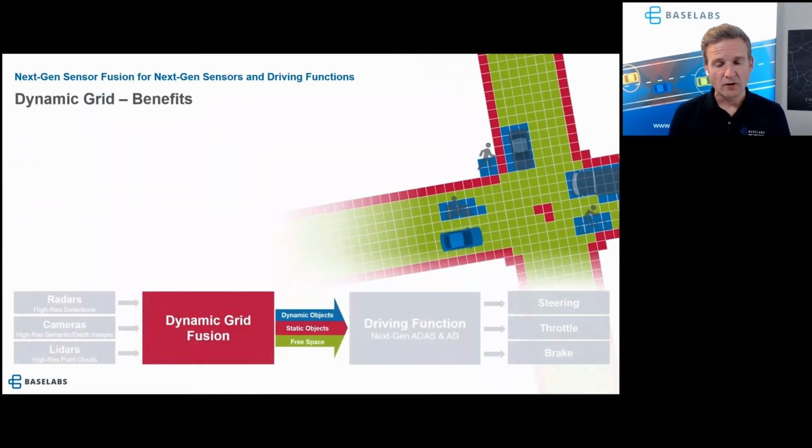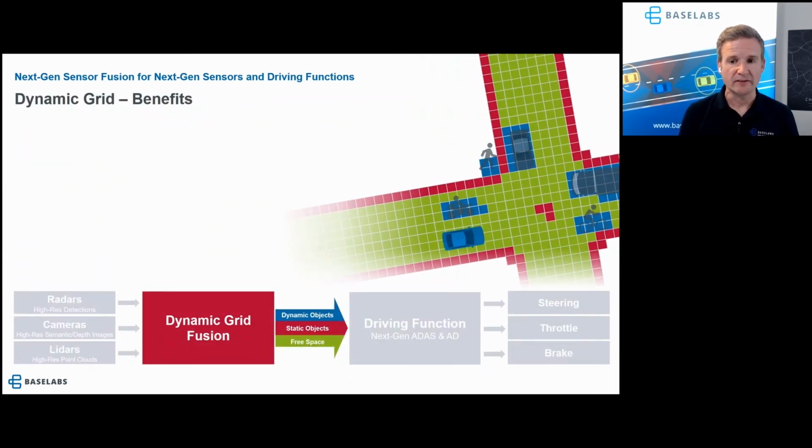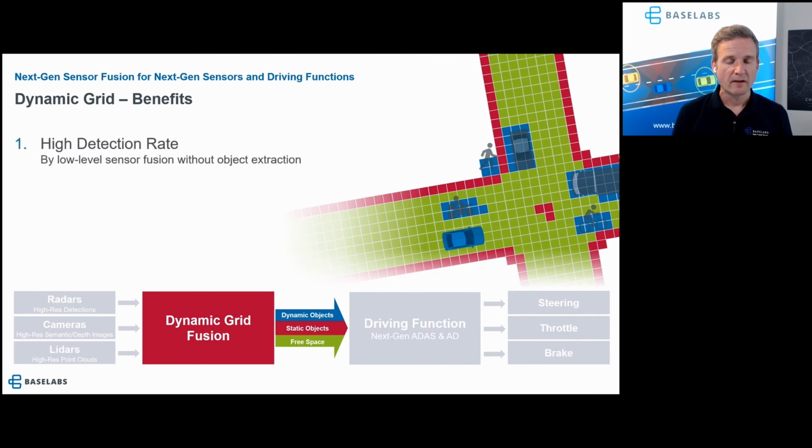So what are the actual benefits of the dynamic grid? On the one side, we have a high detection rate. And this is because of the low-level sensor fusion approach that does not rely on any object extraction. So errors that come into the sensor fusion by the object extraction can simply not occur.